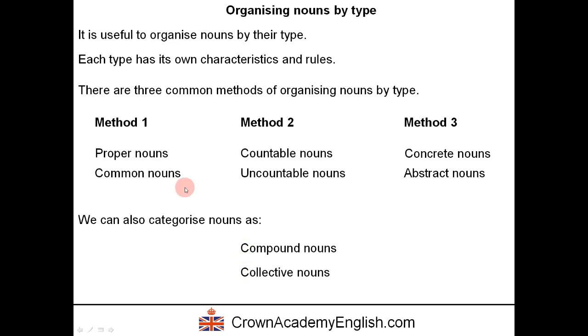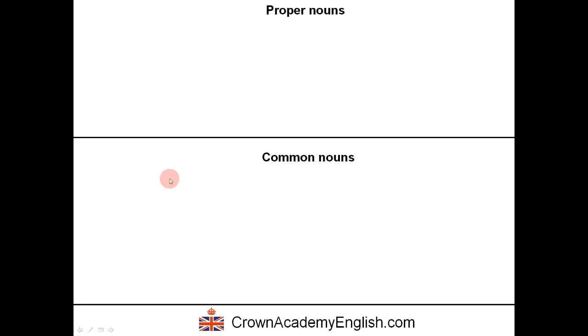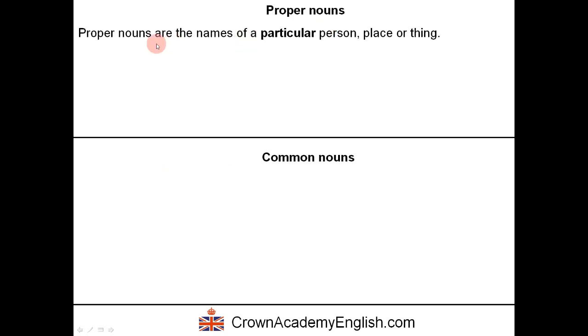Okay, so let's start with proper nouns and common nouns. Proper nouns are the names of a particular person, place, or thing. So it's a specific person, place, or thing. We are not talking in general. We are talking about a particular person, place, or thing.